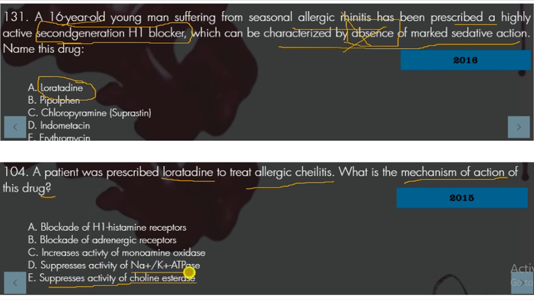Suppress the activity of Na+/K+ ATPase? No, that is by digoxin, a cardiac glycoside. Increases activity of monoamine oxidase? No. Blockade of adrenergic receptors? No. It is not the answer. Blockade of H1 receptor. This is the answer.